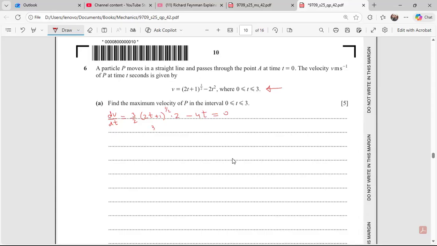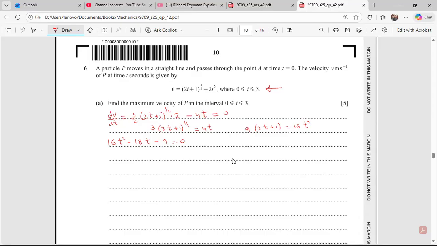I can write it as 3 times (2t plus 1) to the power half equals 4t, right? If I square both sides, it will become 9 into (2t plus 1) equals 16t squared. So if I open this, it is 16t squared minus 18t minus 9 equals 0.